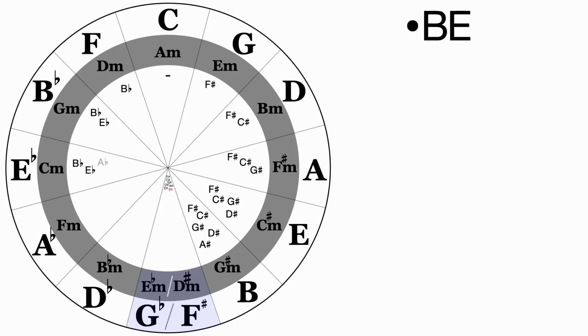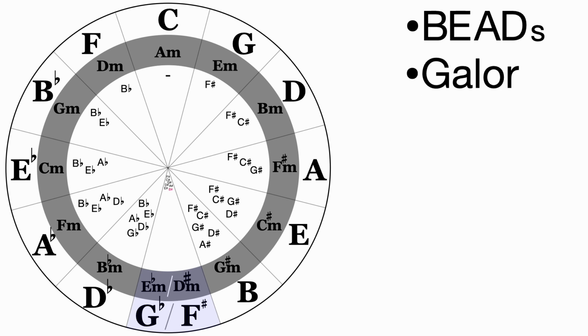Moving down into E flat major, it's got the B flat, E flat, A flat. And correspondingly, A flat major has the D flat associated with it, and that's where I get beads. Now we come into D flat major, and it has a G flat associated with it as well. So I'm right back at Beads Galore, right?